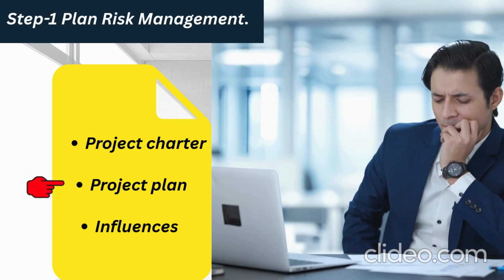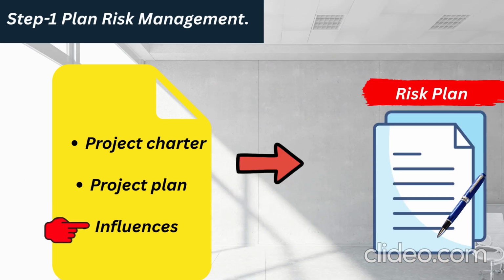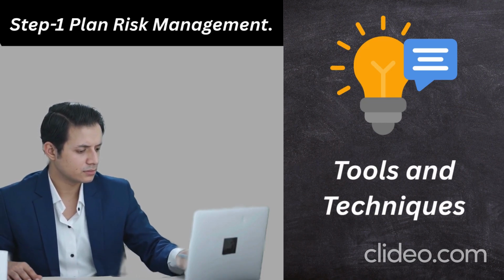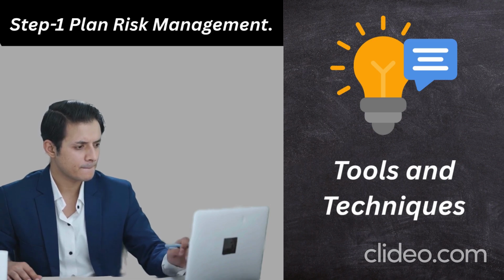And influences. While writing the risk plan, you know there are project influences like environmental condition, political condition happening which can affect the project. The project manager has to take all of these into consideration while writing the risk plan. So that's why these three documents become the input to write the risk plan. Well, to write this risk plan, the project manager uses some tools and techniques.